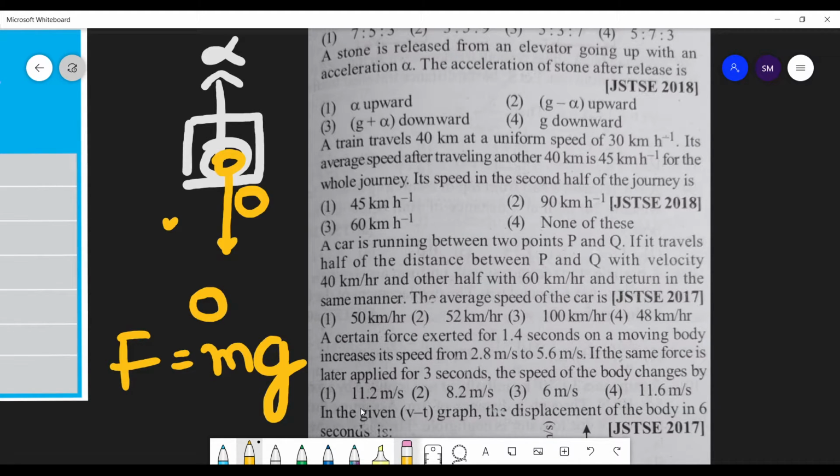So what is the acceleration here at this point of time? Definitely it is downward, in the direction of the force. G will be in the direction of force. So which option is correct? G minus alpha upwards. See, when the stone is in air, you have thrown it upward, right? How much is the acceleration of this stone?